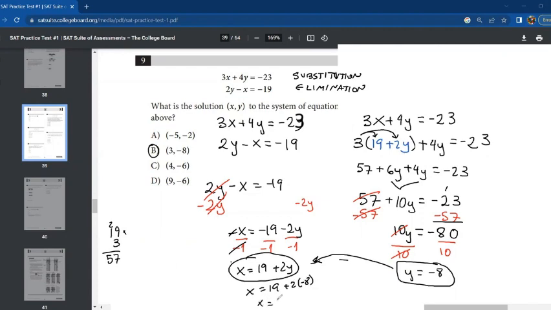So x is 19 minus 16. So x is equal to 3. Well, you can do it to be very sure about the answer. Remember, always the x is first and the y is last.